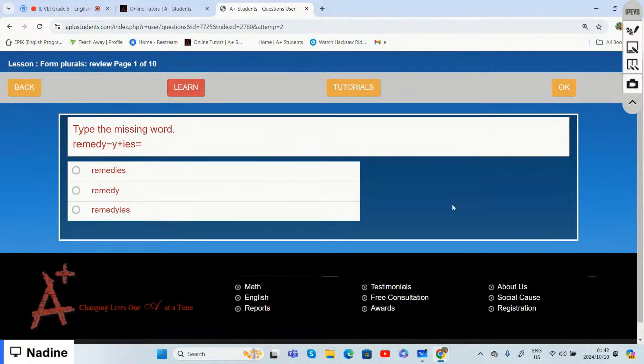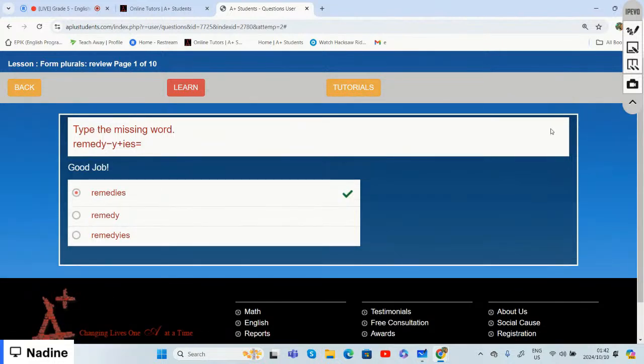All right, so remedy plus ies, is it option one, two, or three? Remedies, option one, two, or three. And if we were to choose the correct option, we'll go with option two, remedies. Well done.